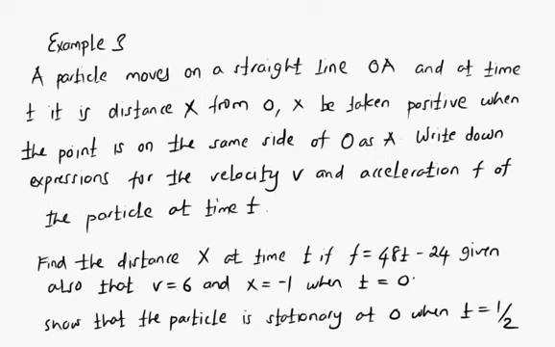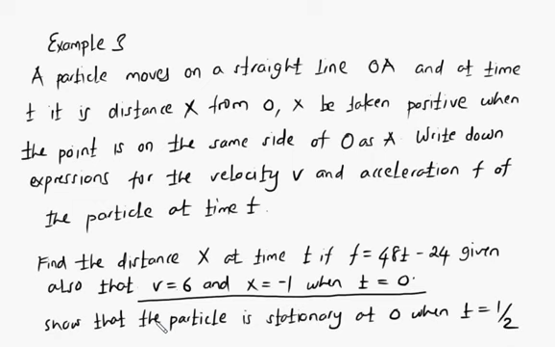You also say find the distance x at time t if f ni acceleration, remember, okay? Velocity of v. You can see here f is acceleration. Given that v is 6 and x is negative 1 when t is 0. See, this is the condition. So this condition will help us get a particular solution from a general solution.